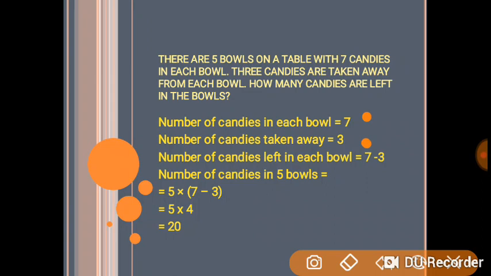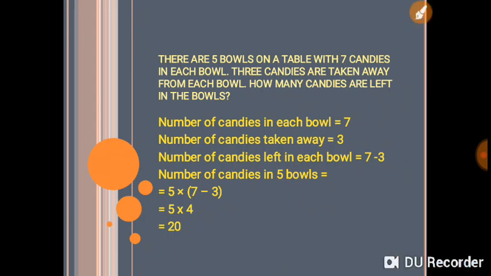Since the candies are taken away, it has to be subtracted from 7. So the number of candies left in each bowl is 7 minus 3. But we have to find the same situation for 5 such bowls. So we have to multiply 7 minus 3 by 5. 7 minus 3 will give you 4, and when you multiply it by 5, it will become 20.